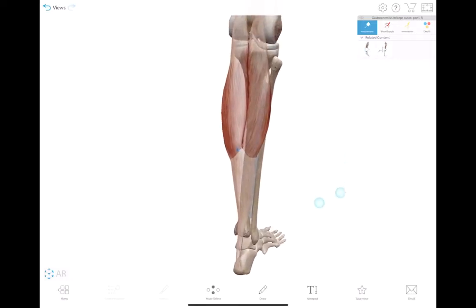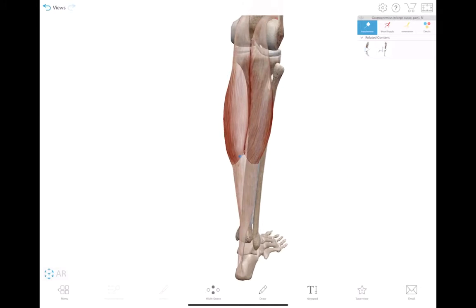Okay, so that's the gastrocnemius. When that contracts, that will flex your knee, and that will also cause you to point your toe, right? That's plantar flexion of your foot because it's going to pull that calcaneus upwards, all right? So causing you to point your toe.